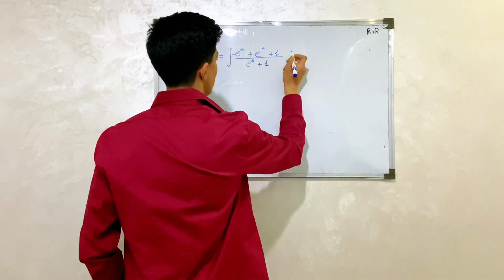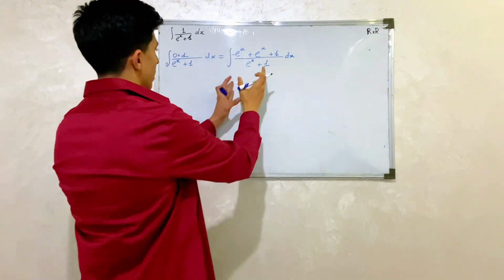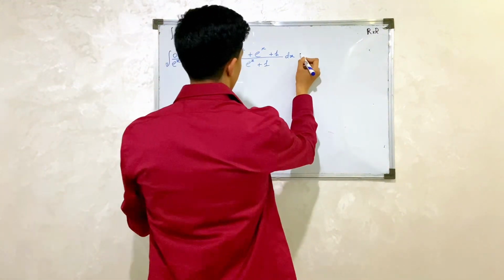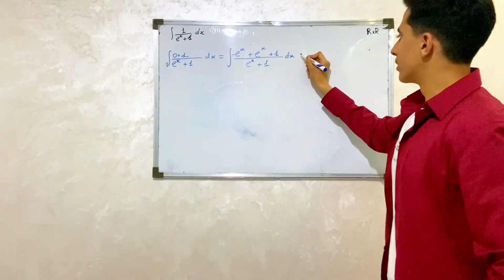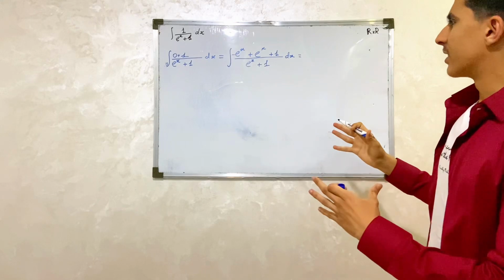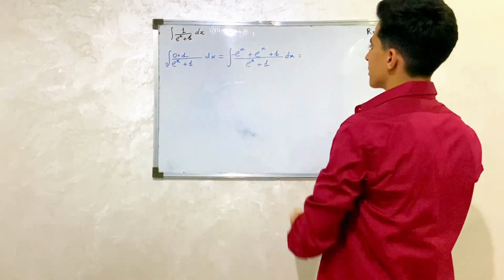With respect to x. So we are going to break this fraction into two parts. The parts that we are going to be breaking the function into are this part and this part.